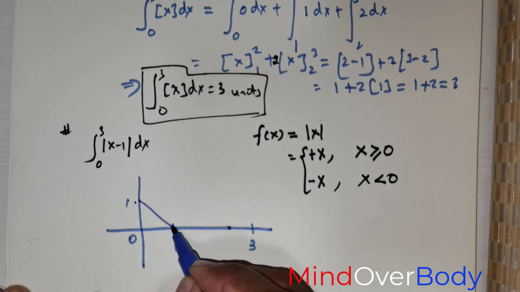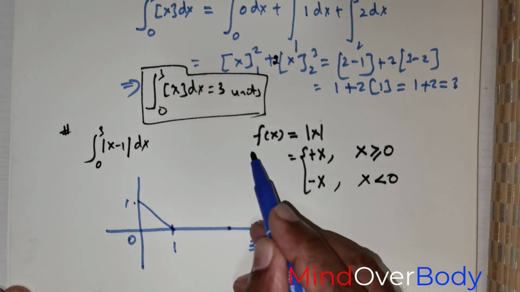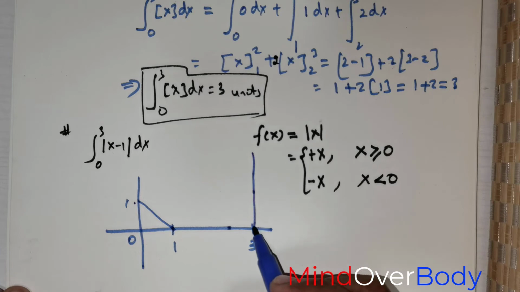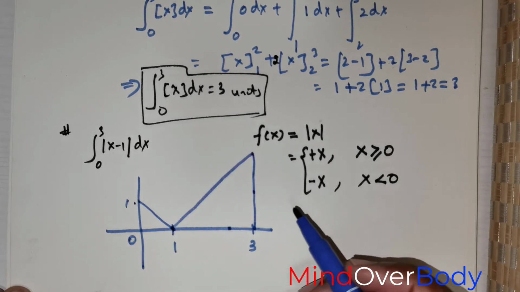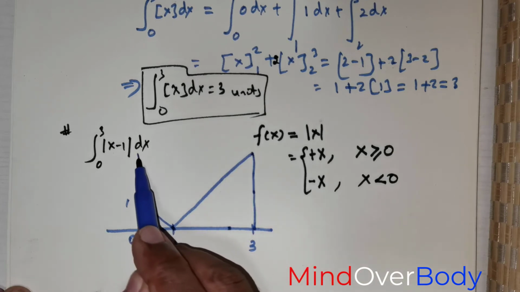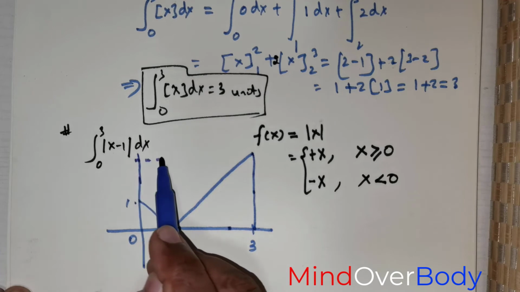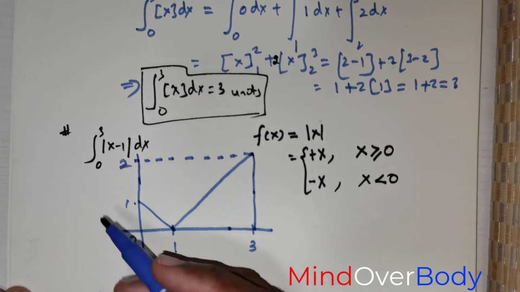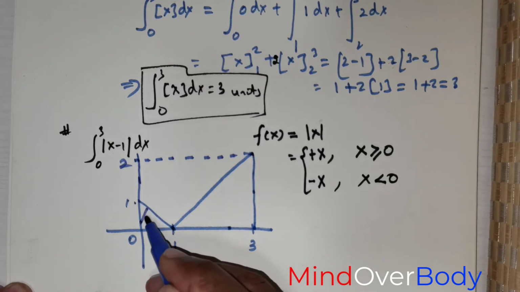The graph will flow up to this point 1 and it would again rise up. So when x is equal to 3, the hit would be 3 negative 1, 2. So this point is going to be 2.